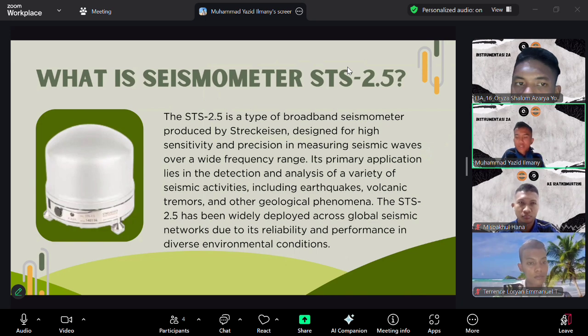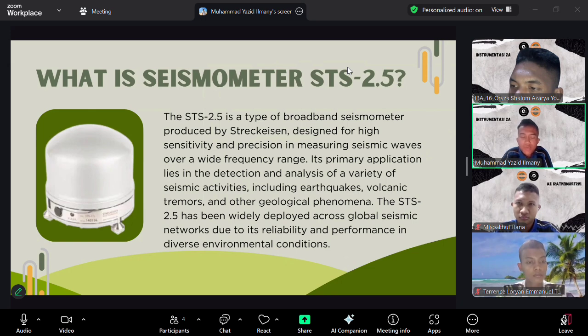The STS 2.5 is a type of broadband seismometer produced by Streckeisen, designed for high sensitivity and precision in measuring seismic waves over a wide frequency range. Its primary application lies in the detection and analysis of a variety of seismic activities, including earthquakes, volcanic tremors, and other geological phenomena.